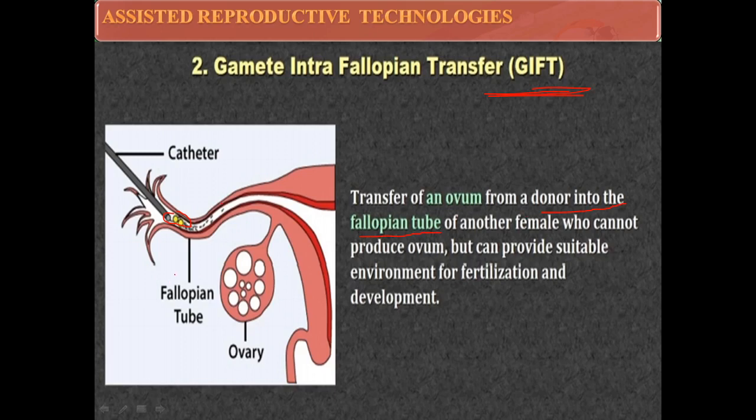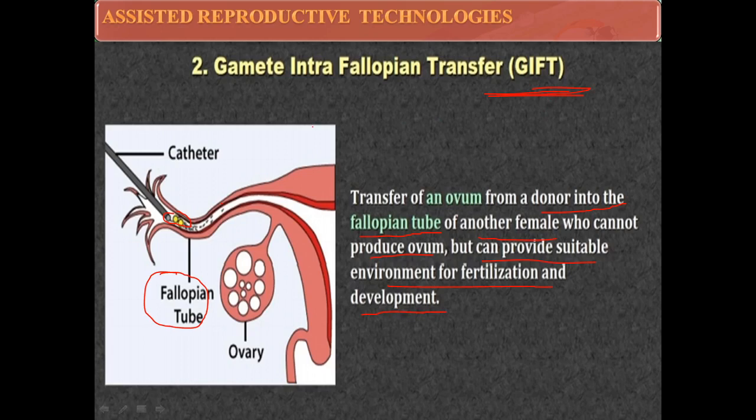The ovum of another female who cannot produce the ovum but can provide a suitable environment for fertilization as well as for the development of the embryo is transferred. So it is called GIFT.